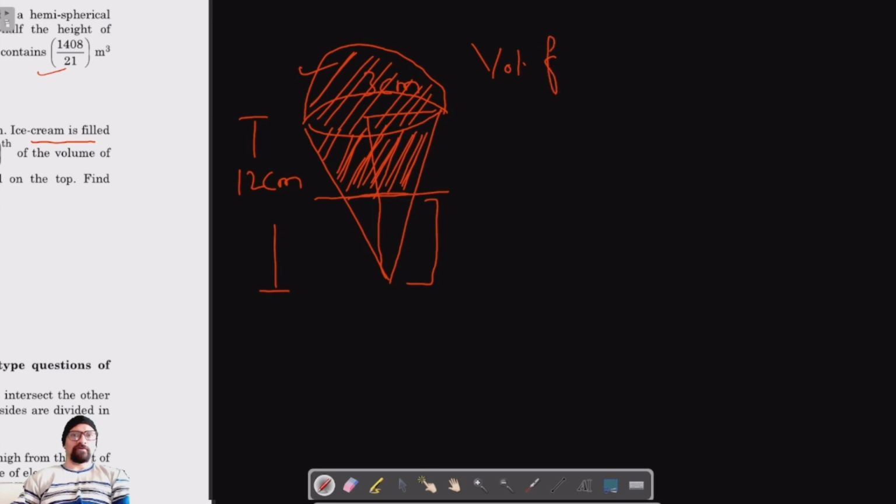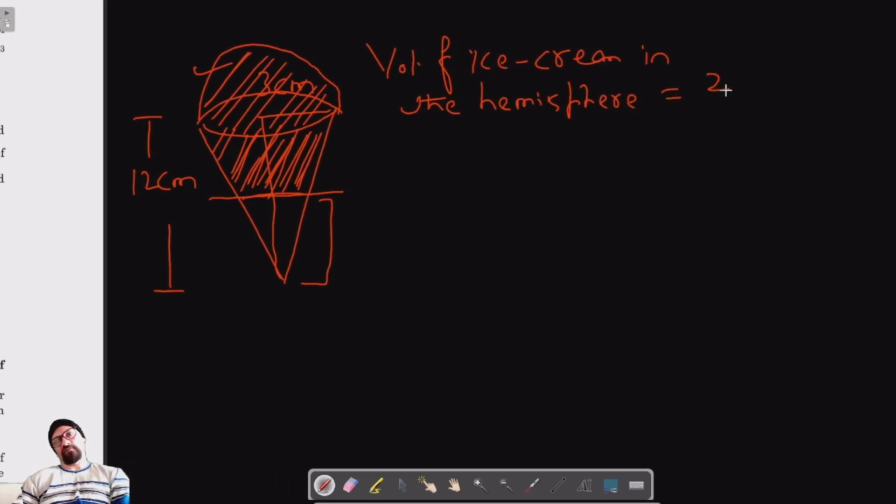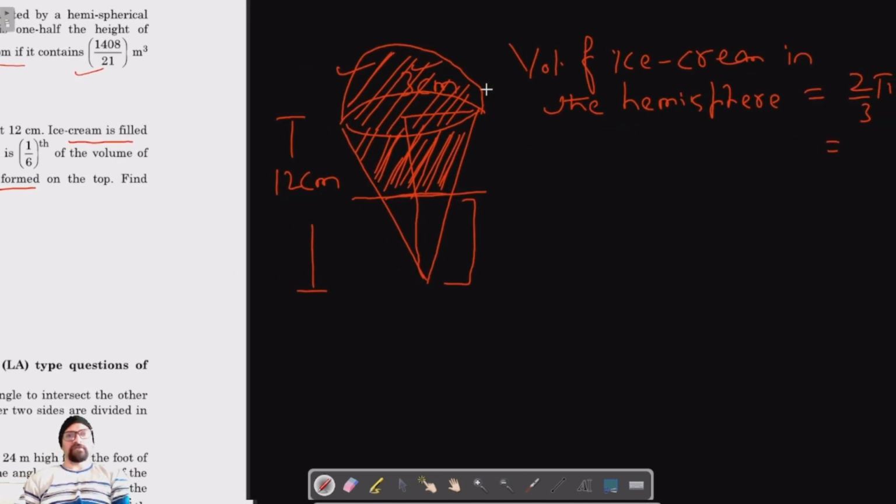Okay, we can find the volume of the ice cream in the hemisphere. So hemisphere's volume is 2 by 3 pi r cubed, and radius is 3 centimeters.